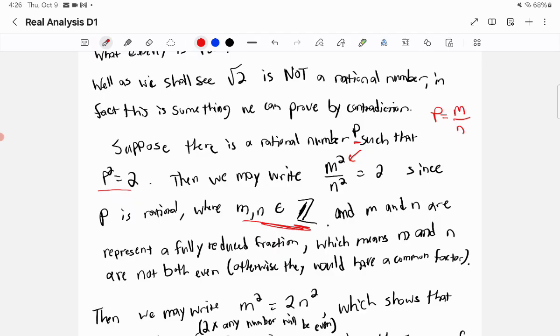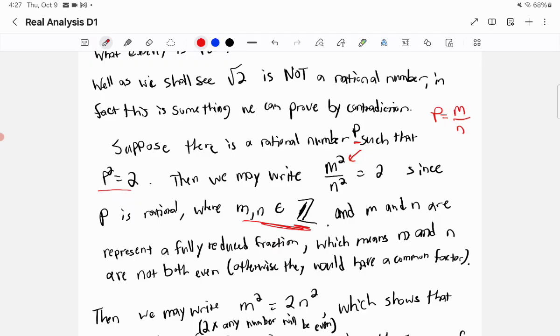Since we can put this into its reduced form, and it's not equal to 1, then we know that the numbers m and n cannot both be even. That's not possible, because if they were both even, we could just remove a factor of 2.